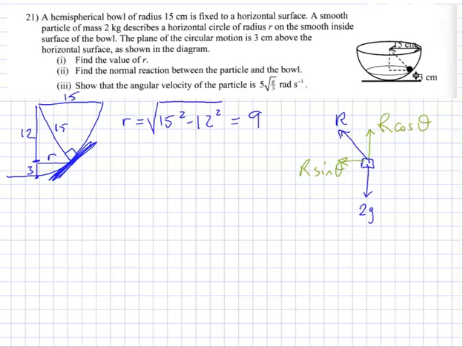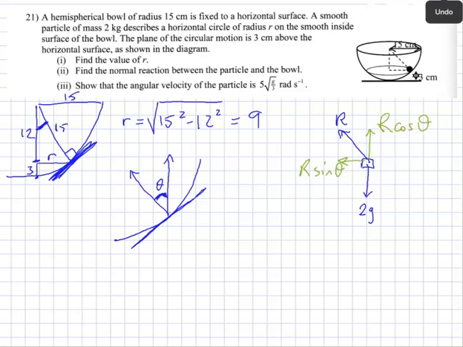So we have a situation where we can look at the angles created. If we imagine our spherical surface, and our plane to that, and our normal reaction, which is what we're interested in here, and if you think of alternate angles, the theta that we have here is going to be the same as the theta that we have here.